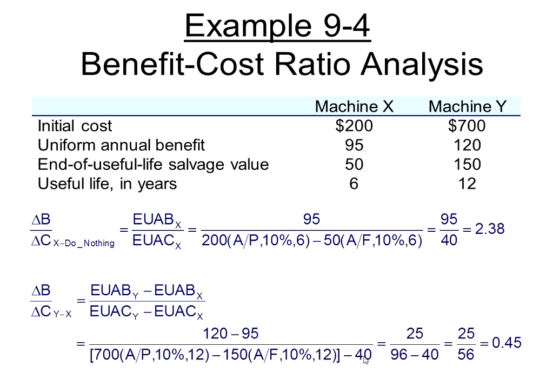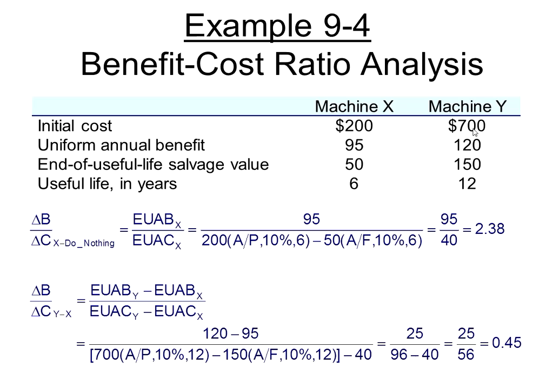That's our equivalent uniform annual cost of X, which we computed previously, when we compared the X to do nothing. And then here we're using 12. So notice there we used 6, here we're using 12 because we're computing the equivalent uniform annual cost of Y. All of this in the square brackets is us computing the equivalent uniform cost of Y.